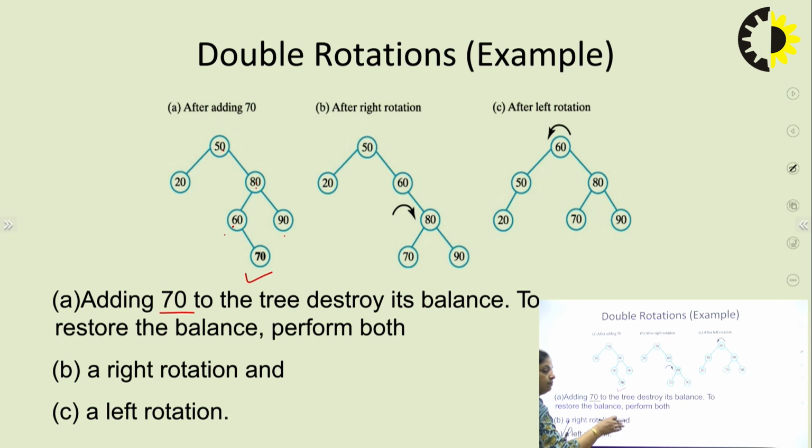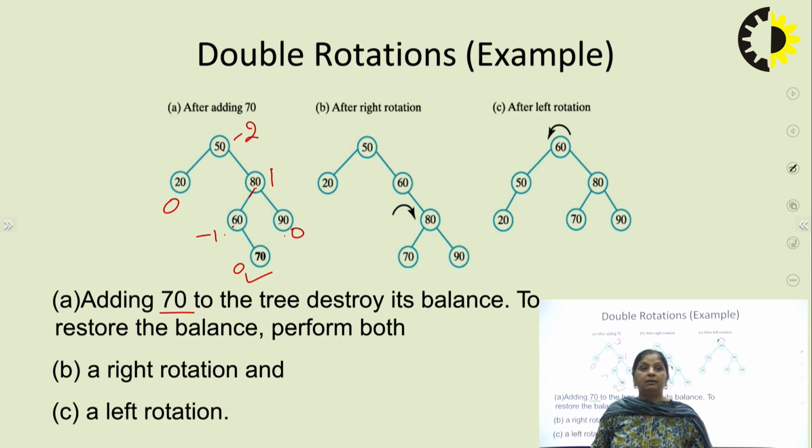Now the balance factors: for this it is 0, for this it is minus 1, 0, okay, 2, 1, 2 minus 1, that is plus 1. This is 0 and 1 minus 3, it is minus 2.